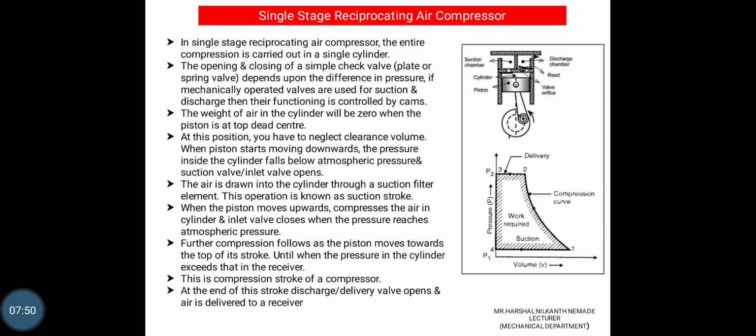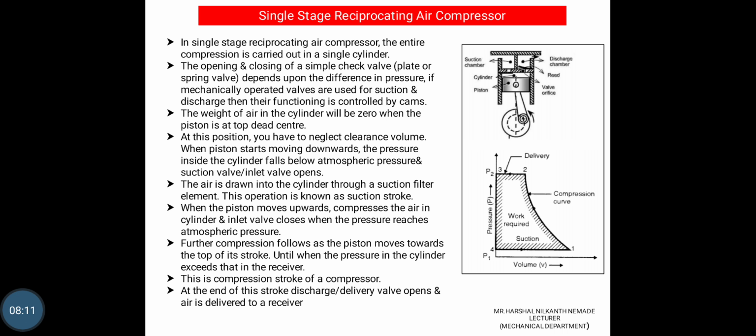Now you may see the figure. In the figure it is shown: suction chamber, discharge chamber, cylinder, piston, connecting rod, crank. Okay. Now in short I will explain what happens when the piston is at TDC. As we move the piston from TDC to BDC, in the cylinder there is a pressure drop.